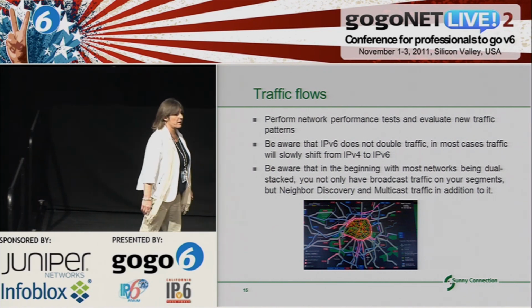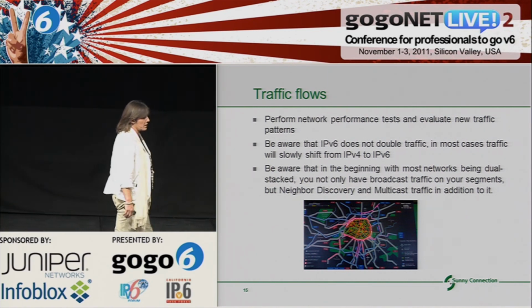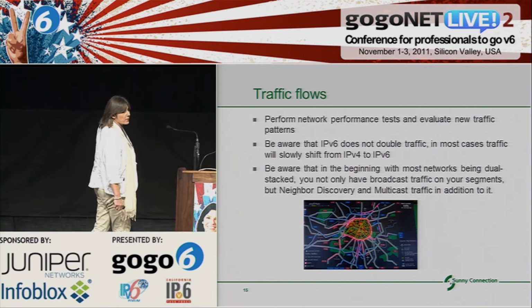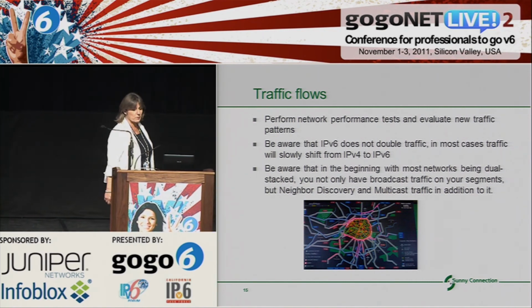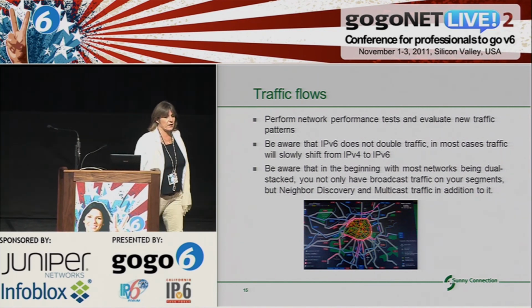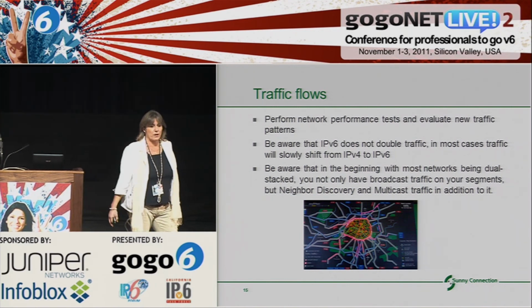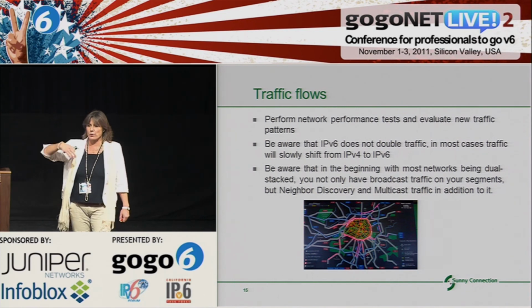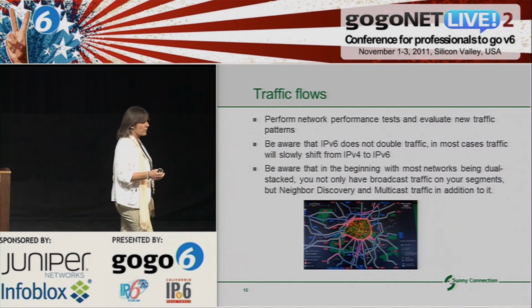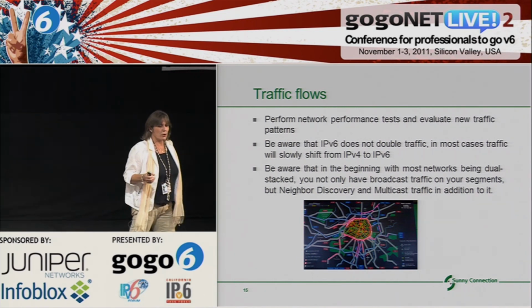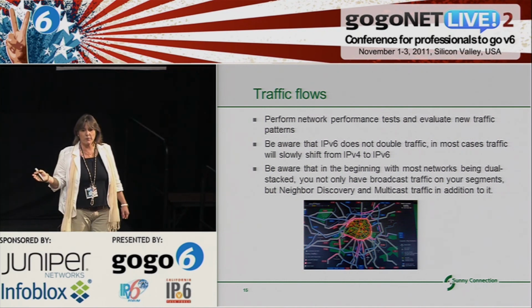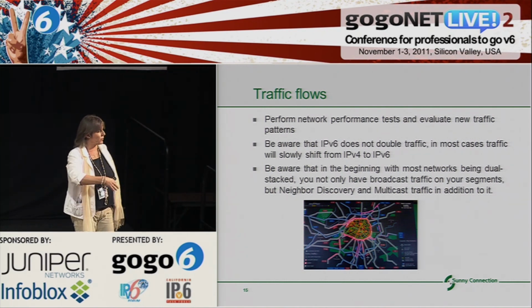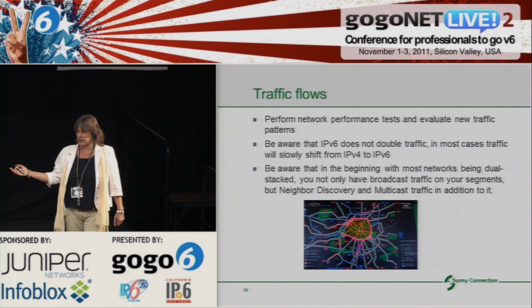Some people think that running a dual stack network means you're going to double your traffic, but that's in most cases probably not true. If you have the nice situation that you can build a dual stack backbone first and then gradually start to migrate applications from v4 to v6, you will simply have a gradual shift from traffic going over IPv4 to going over IPv6.